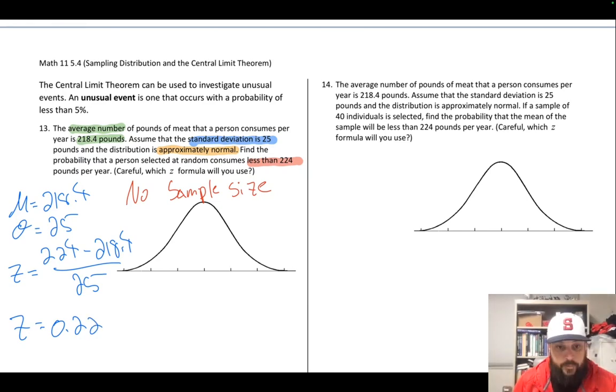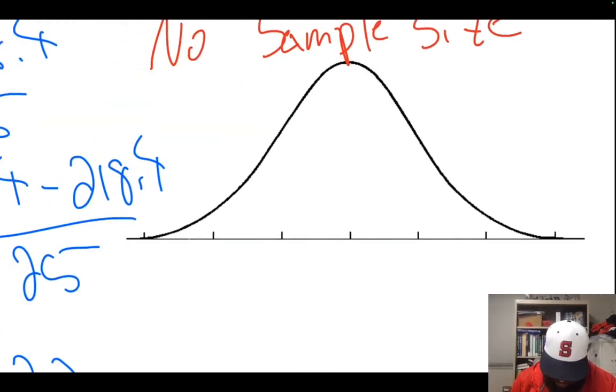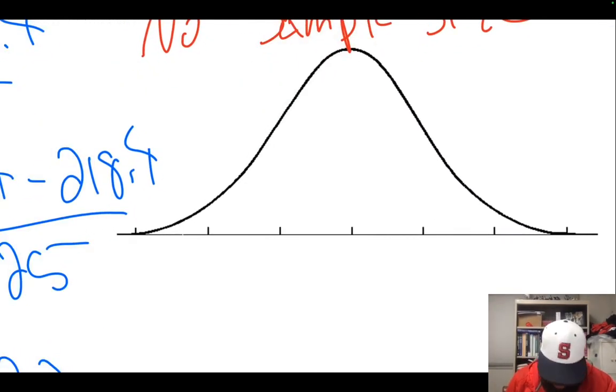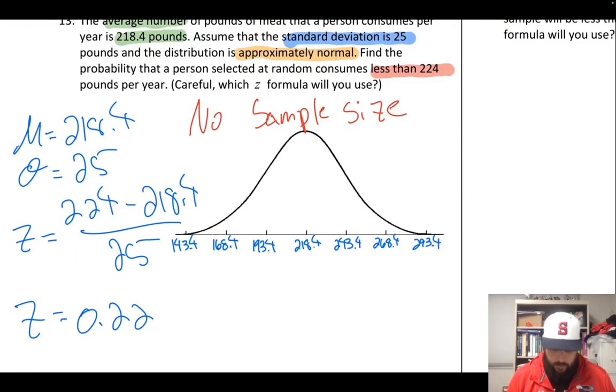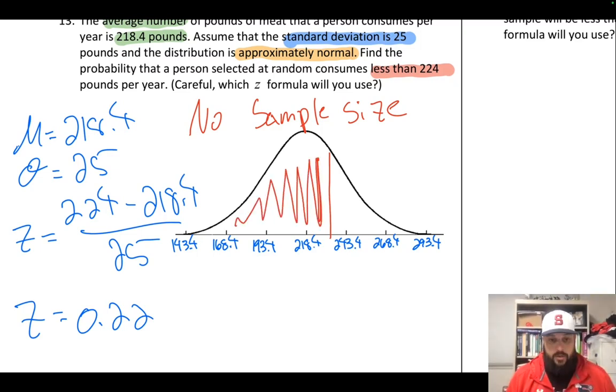All right, and then we'll fill this in here. We get 218.4 for the mean. All right, and then we're looking for less than 224, so it's about there, and less than is going to go this way. So we know our answer is going to be greater than 50%.